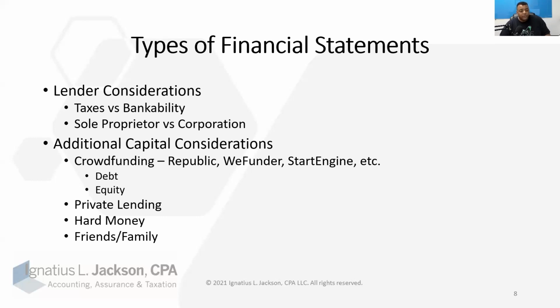Additional considerations, if you don't want to go get a loan, would be crowdfunding. Republic, WeFunder, Start Engine. I actually invest on all those through my self-directed IRA, of course. Self-directed IRA and my solo 401k, by the way. I have both of those. So it's definitely something to think about and consider, okay? Debt versus equity. You can raise either way when you do a capital raise on crowdfunding campaigns.